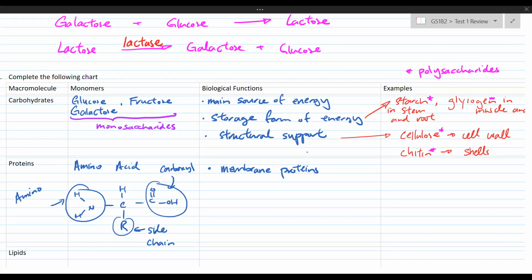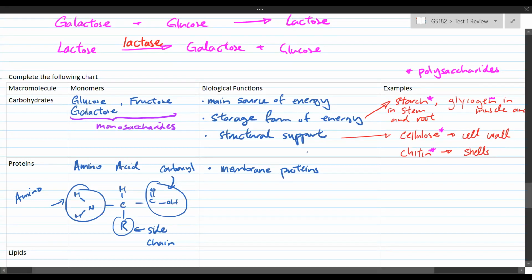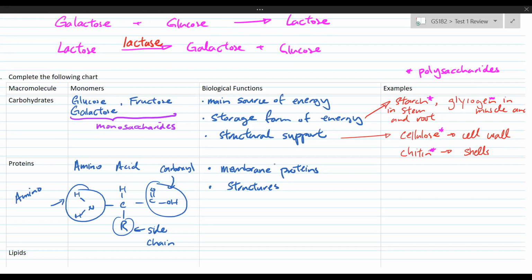Cell recognition, forming tight junctions, and so on and so forth. We'll review those later. Proteins are also important for structure, like muscle, nails, hairs. All these things are structures, and they are made up of proteins.